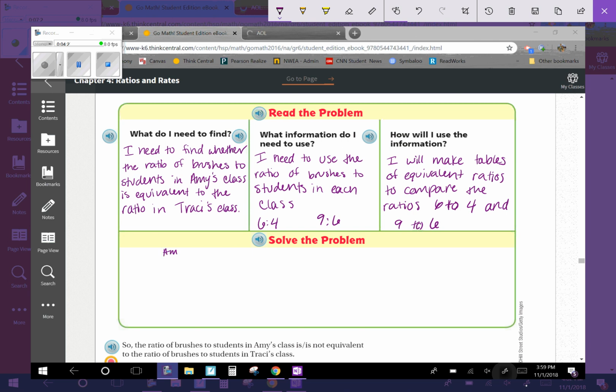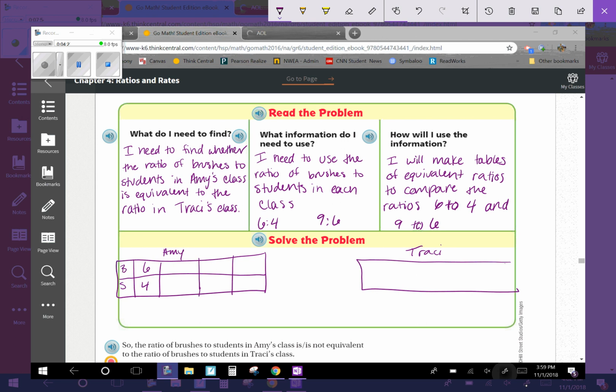This is going to be for Amy, and this is brushes and students, and we're going to do 6 to 4. And then over here for Tracy, I'll draw another box. They are brushes to students, and the ratio is going to be 9 to 6.